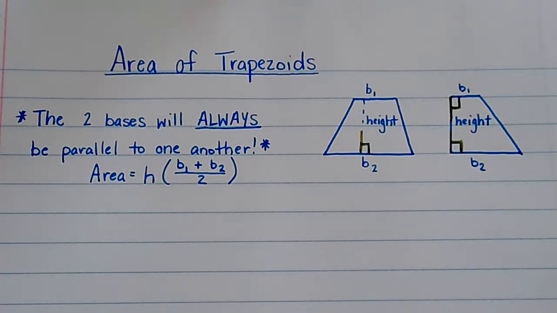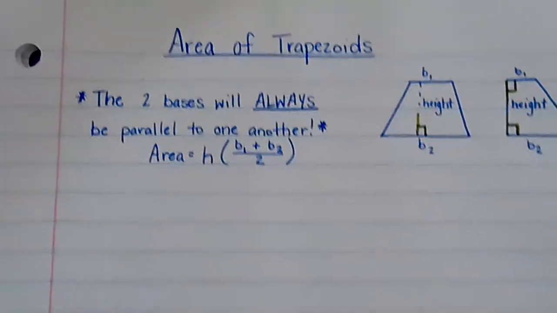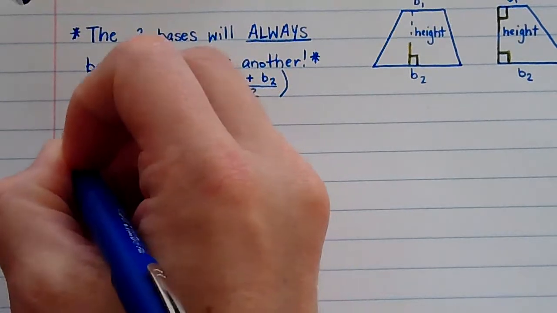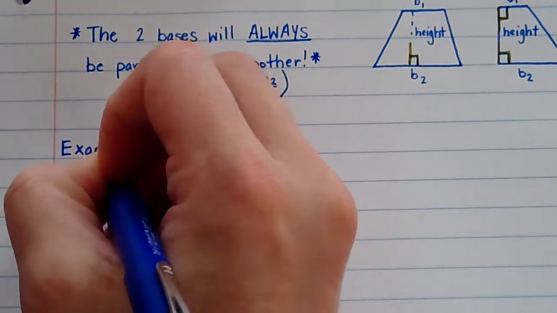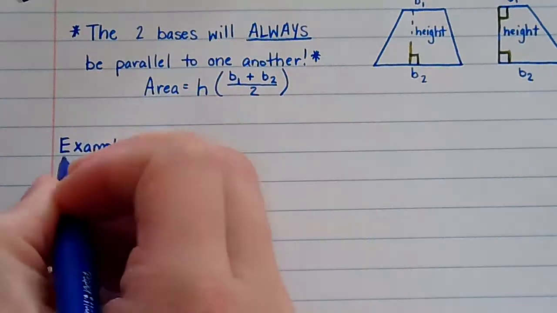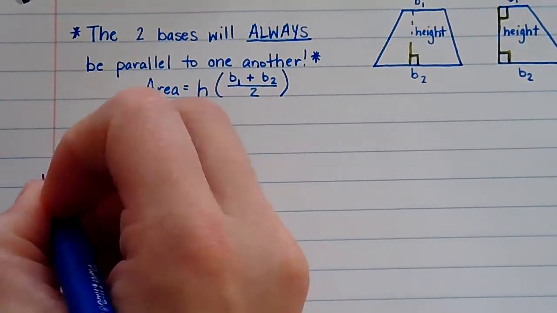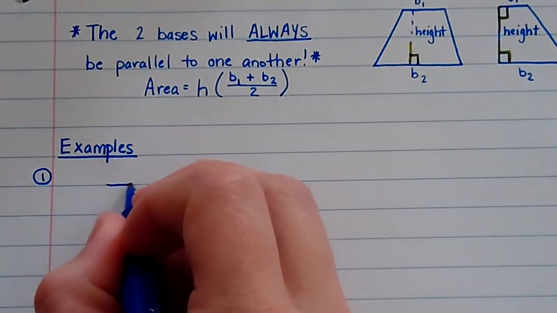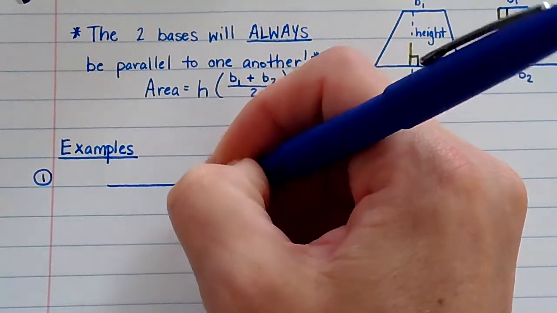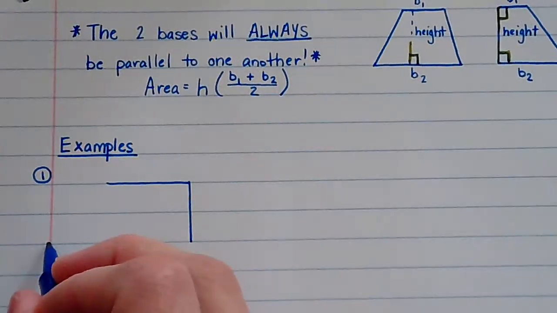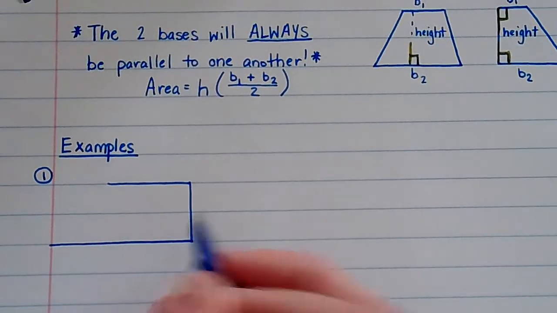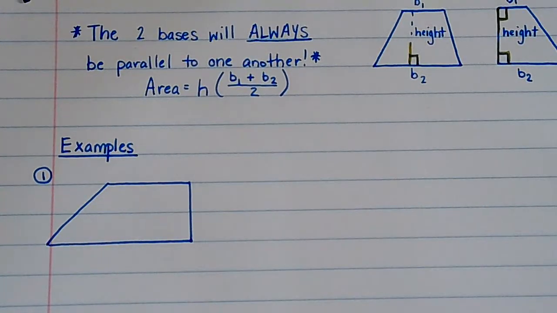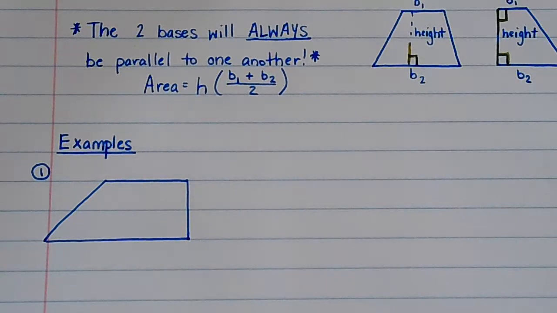Okay, so let's put some numbers with these. We got 3 examples we're going to do. All right, so let's draw this. Okay, here's my trapezoid.